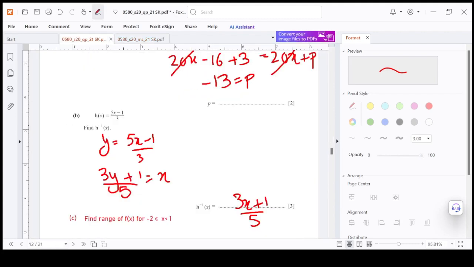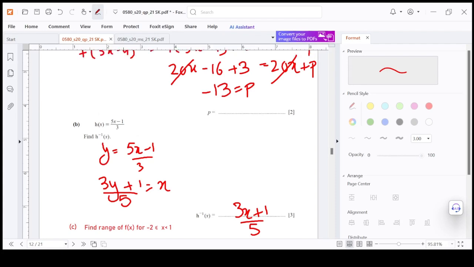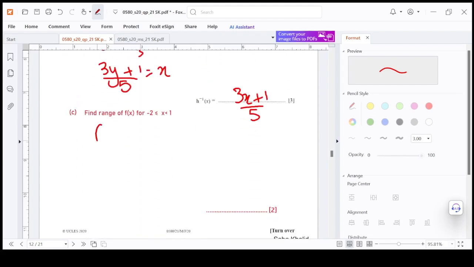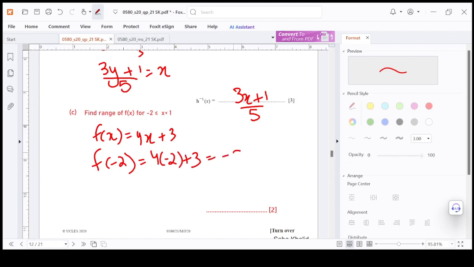Next, it says find the range of f(x) when the domain is between minus 2 and 1. Okay, what was f(x) again? 4x plus 3. Now when x is minus 2, what do we get? 4 times minus 2 is minus 8 plus 3 is minus 5.